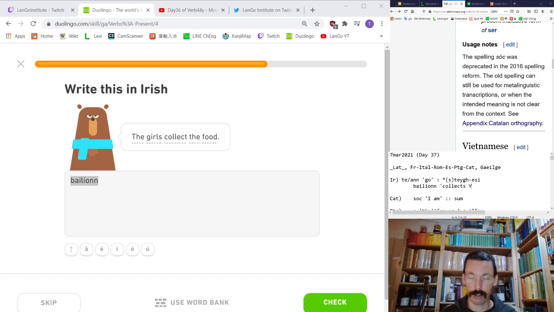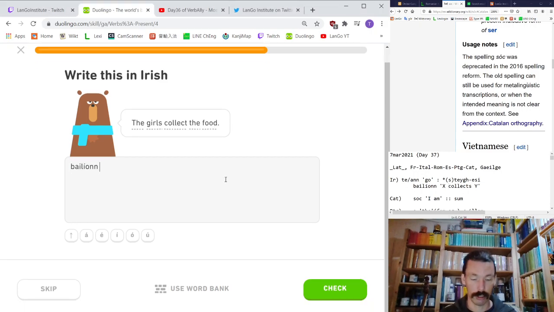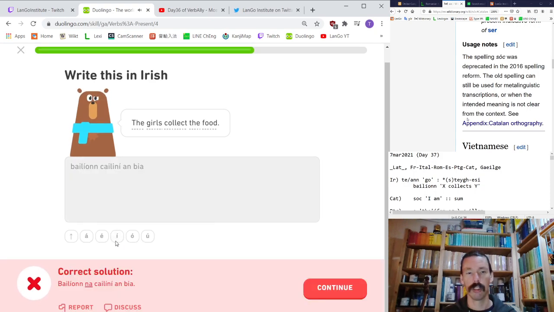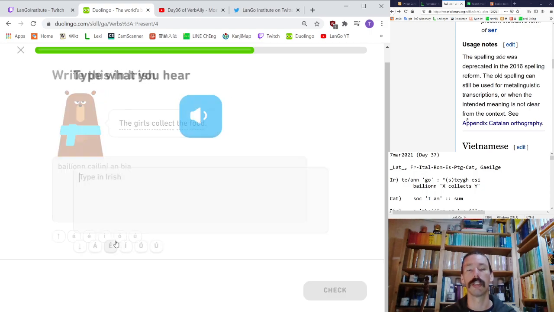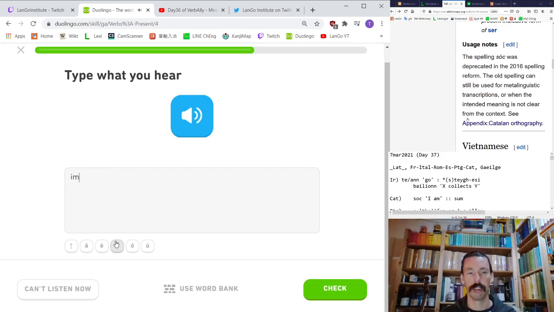I'll say X collects Y. X for the subject, Y object. Valiant Nakalini. Anbia or Anvia? I think it's Anbia. Oops, missed an article there. Balin, Nakalini, Anbia.